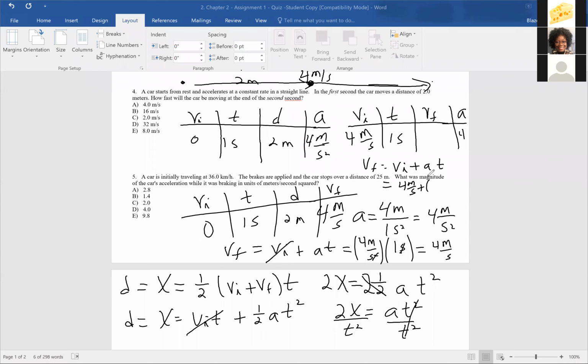It's accelerating at 4 meters per second squared for how long? For 1 second. So when I cancel out this second with this second, I've got 4 meters per second plus 4 meters per second. So at the end of the second, it's moving at 8 meters per second.